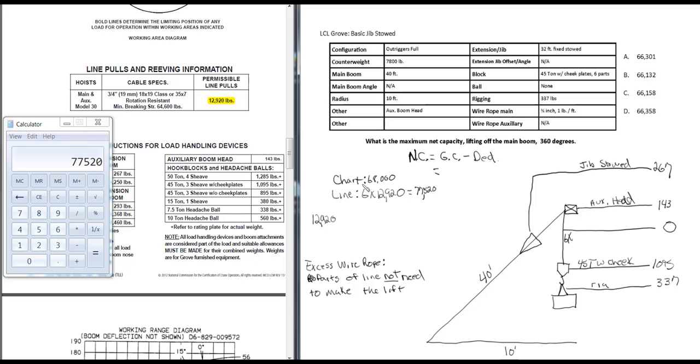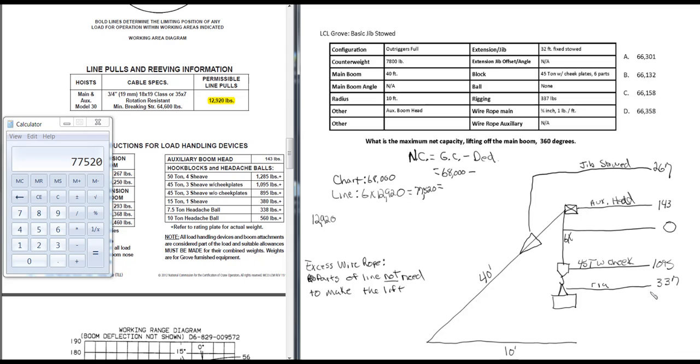Remember, the gross capacity that we plug into the formula is going to be the smallest of the chart capacity or the line capacity. So let's write in 68,000, which is the smallest of those two capacities. That's going to be our gross capacity.